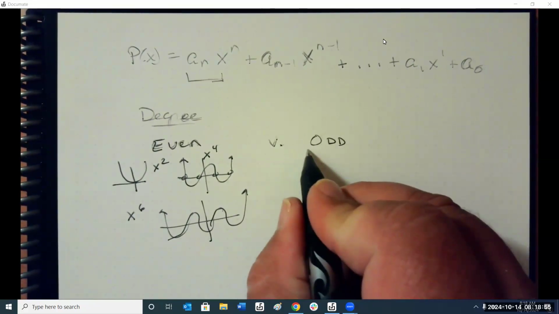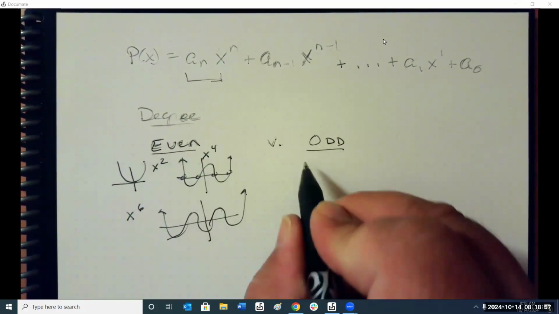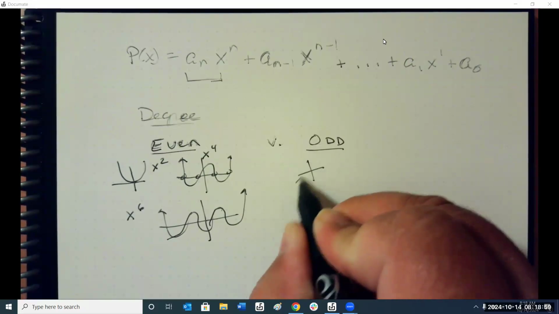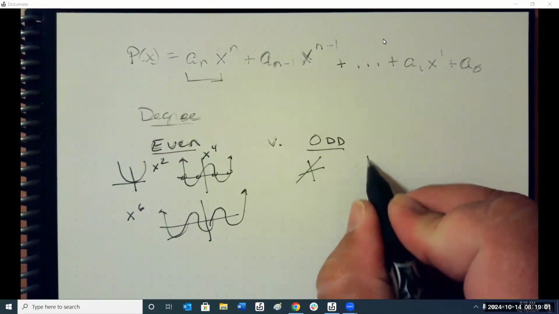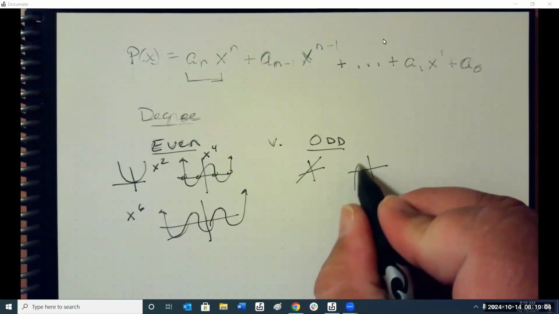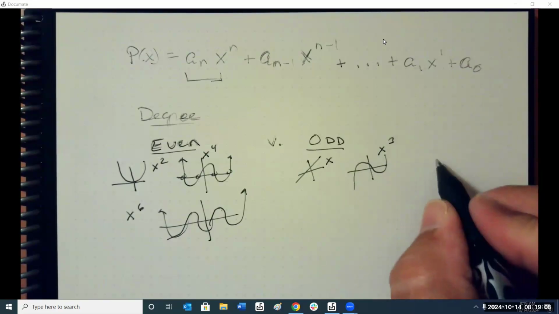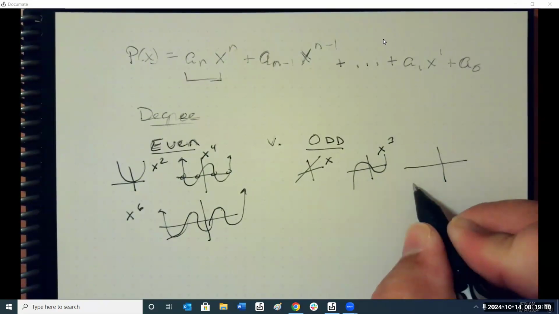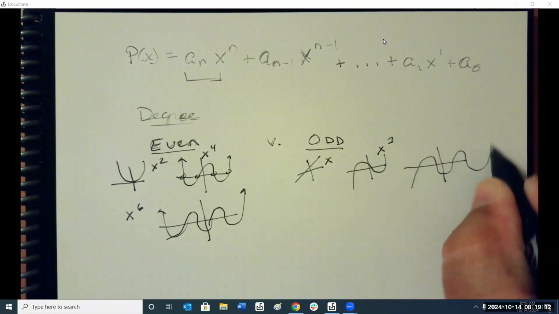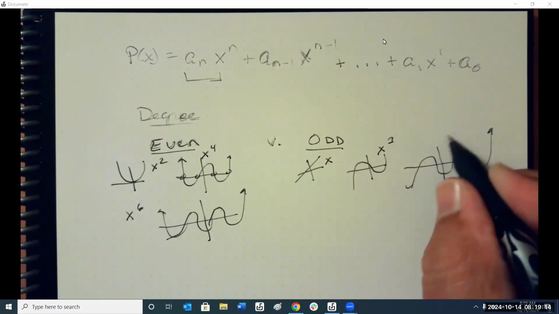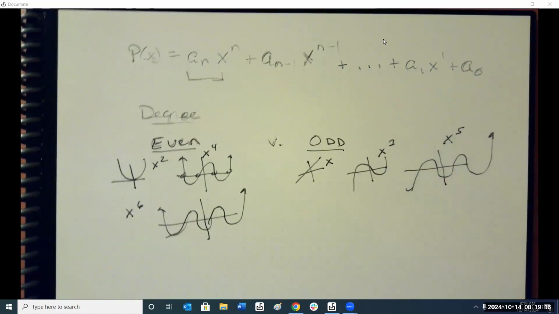So now the other side is odd. We have a linear function, the cubic function, this is x cubed, and this is x to the fifth. That's what they'll look like.